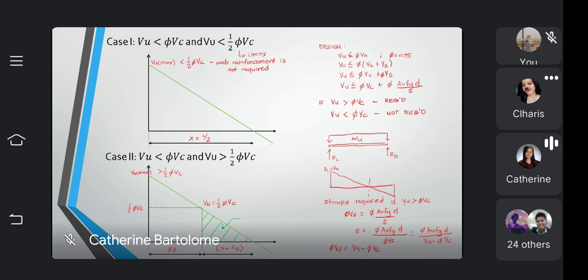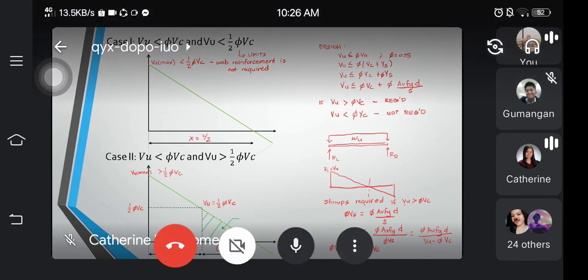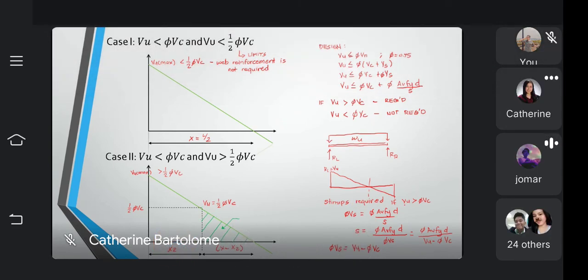ano yung magiging web reinforcement natin dito? Required? Diba case 1 to? Not required. Not required po, ma'am. Okay, so at this area, web reinforcement, maano ba?